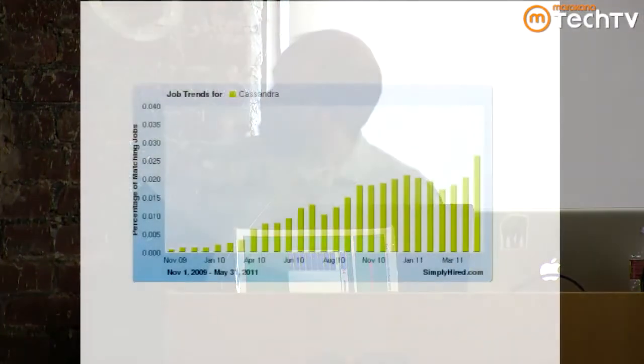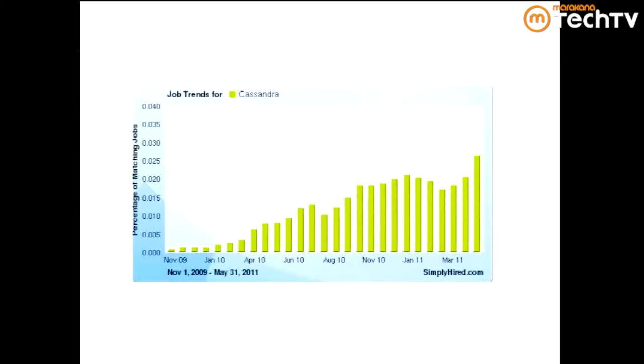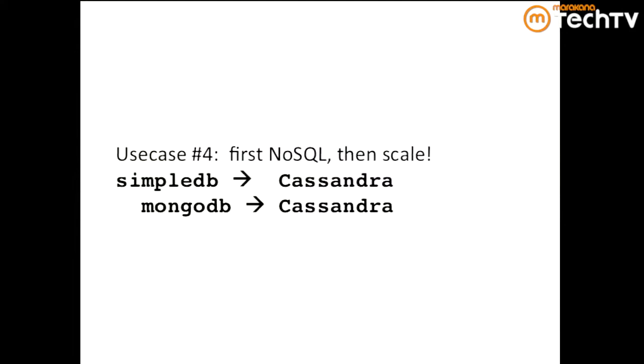Before I leave, here are other trends that we see, job trends. Downloads don't speak well, but job trends for Cassandra are on the up. Another use case is first NoSQL, then scale. Your first NoSQL may not be the one that you're going to be using for scaling.